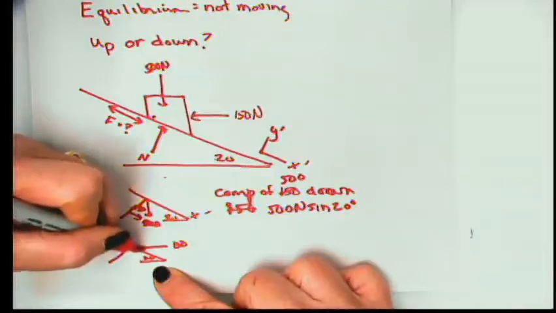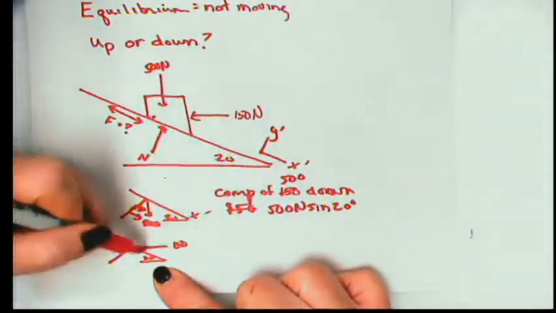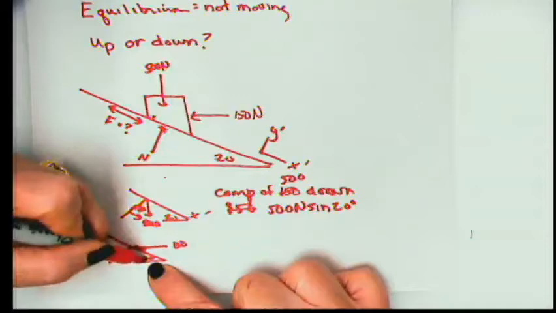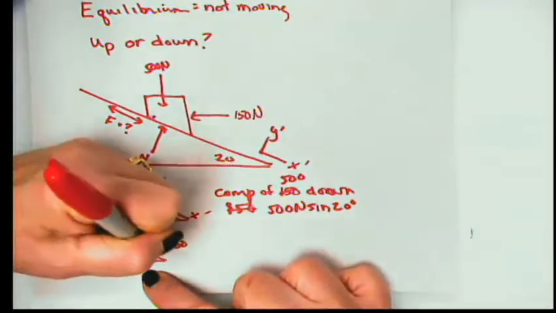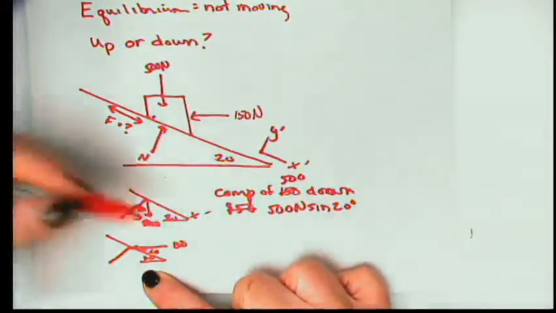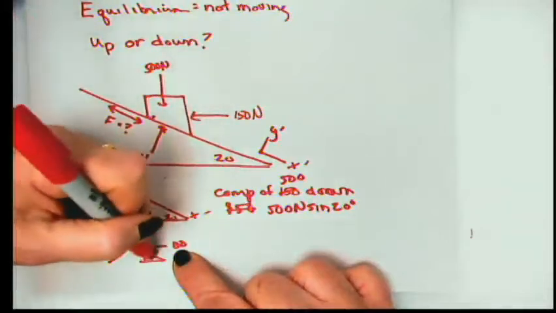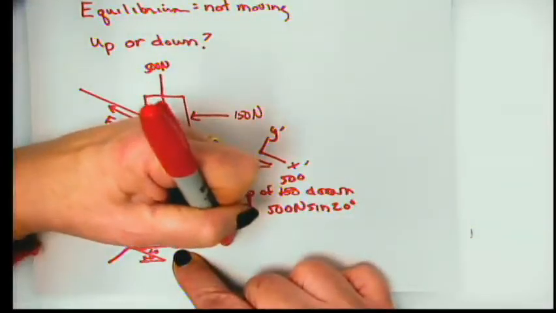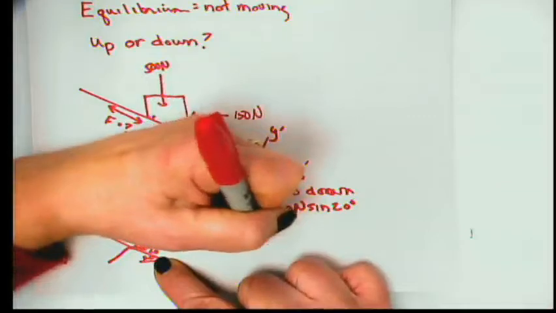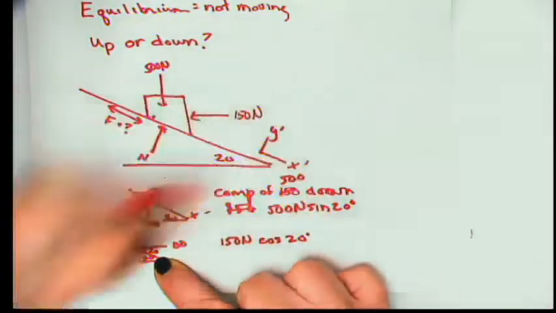So here, using alternate interior angles, these two are parallel, so that means that this angle has to equal this angle. Okay, and so along the plane, this is going to be 150 newtons times the cosine of 20 degrees.